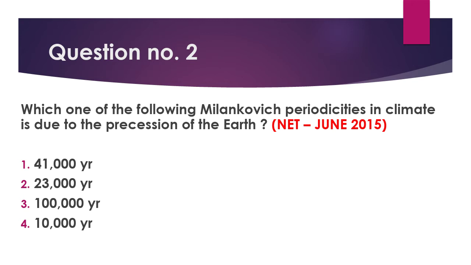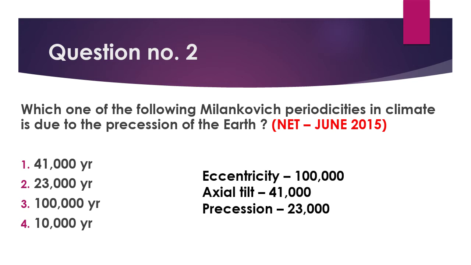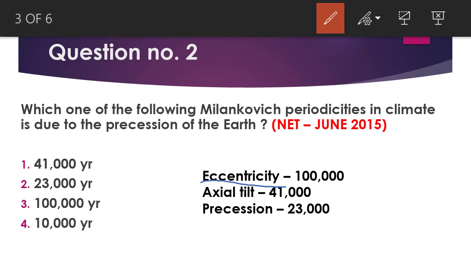So what is the range of precession? So in the Milankovitch periodicities, we have 3 periodicities, that are eccentricity, axial tilt, and precession. So one period of eccentricity is 100,000 years, axial tilt is completed in 41,000 years, and precession is completed in 23,000 years.